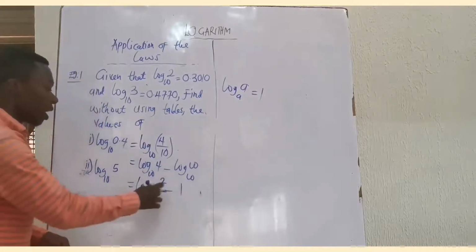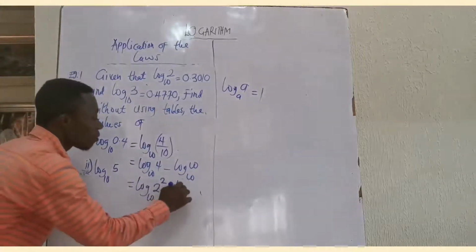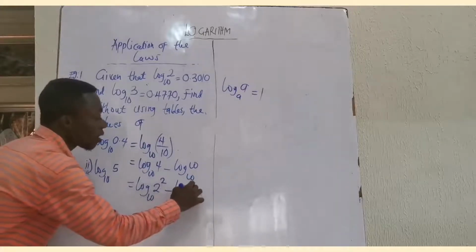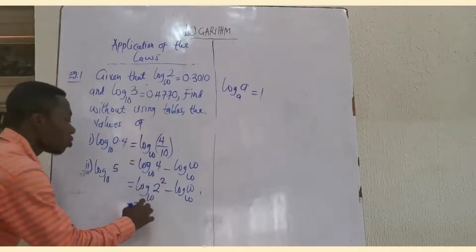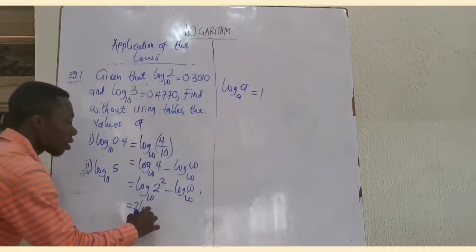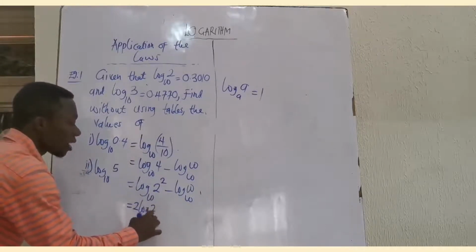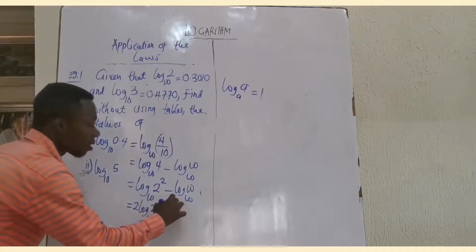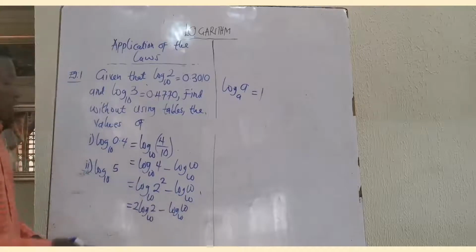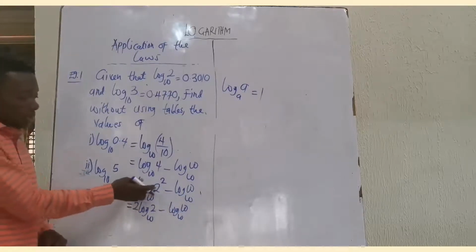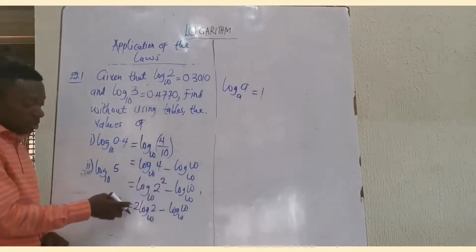So let me repeat again so that you're okay with it. It becomes log 10 to the base of 10. So here it becomes 2 log 2 to the base of 10 minus log 10 to the base of 10. Remember here we're using the third law. The third law is the power law, so the 2 comes and multiplies with the log.